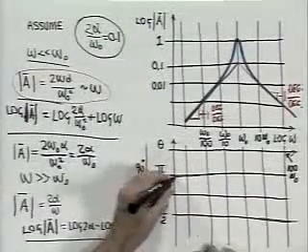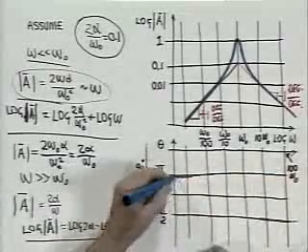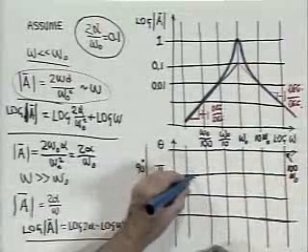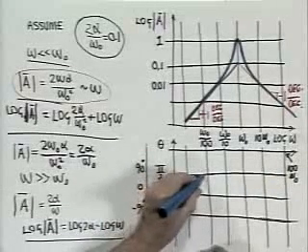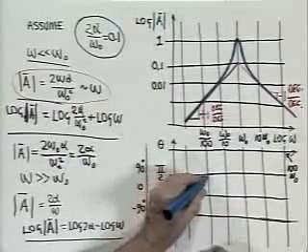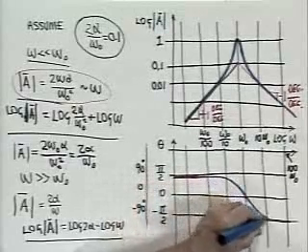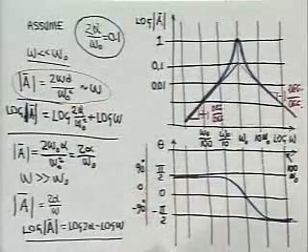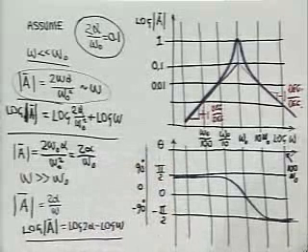And the actual function goes through 90 degrees at omega naught. So it looks something like this, changing from plus pi over 2 to minus pi over 2 at that frequency.